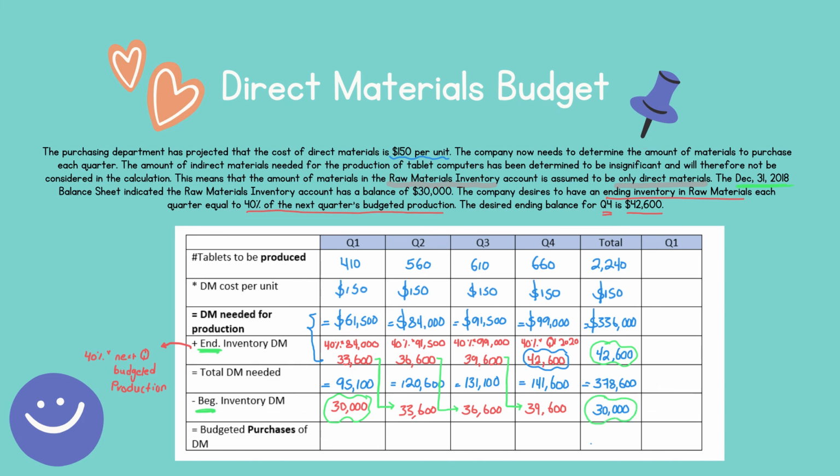So for the end we take the last one, for the beginning we take the first one. Now for budgeted purchases, I'm gonna subtract beginning inventory from the total direct materials needed. So for quarter one, I'm gonna subtract 30,000 from 95,100. I'm gonna do the same thing for all the quarters. So we are done with the direct materials budget.